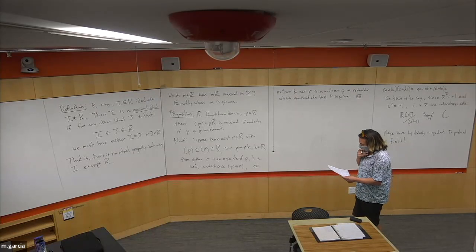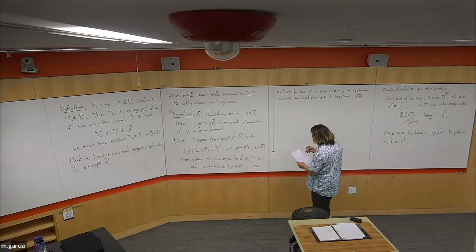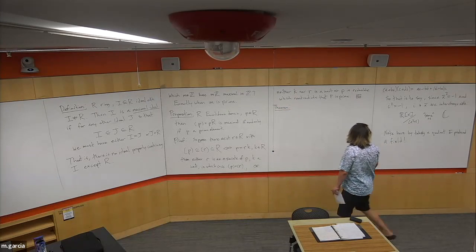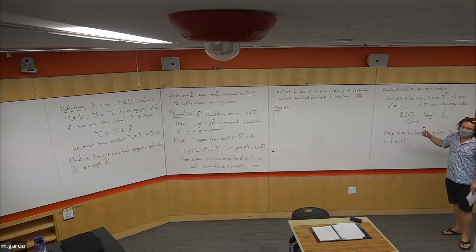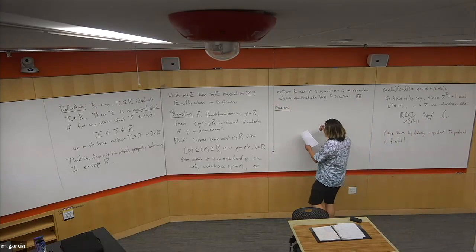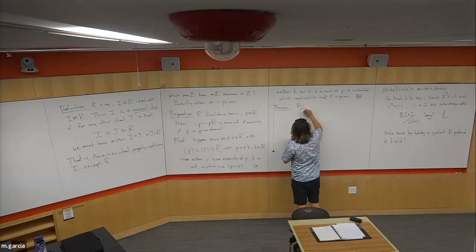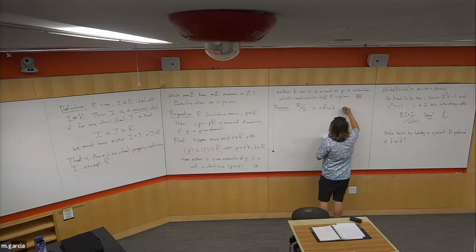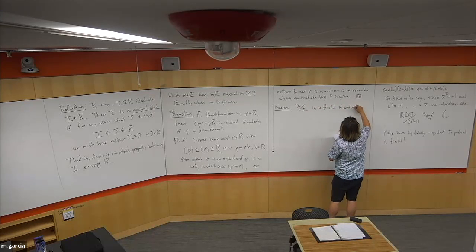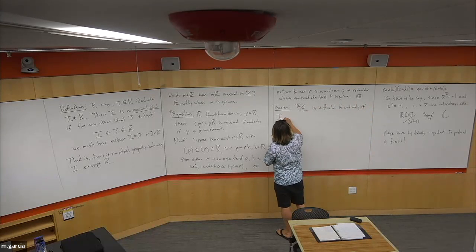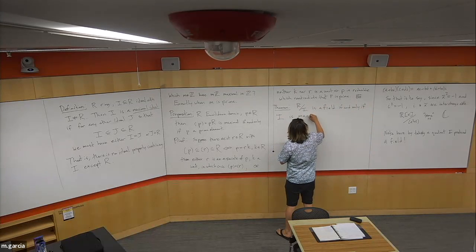So. Now we can answer this question. When is it that we take a quotient, we get a field? R mod I is a field if and only if I is maximal.